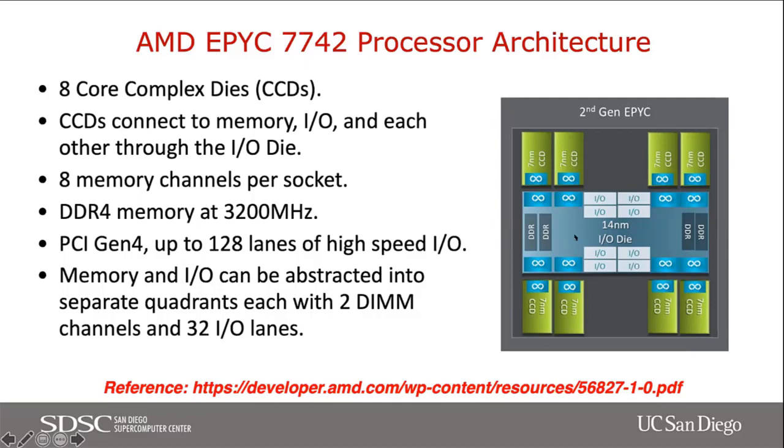So this kind of an innovative design lets them pack in a lot more cores, and through the IO die, there are multiple ways of booting up this node in terms of NUMA domains, and I'll talk about that in the slides coming up.